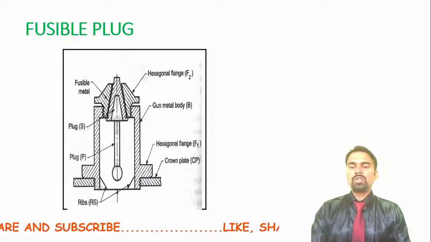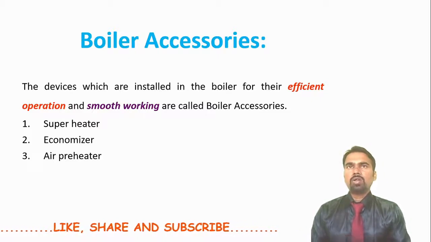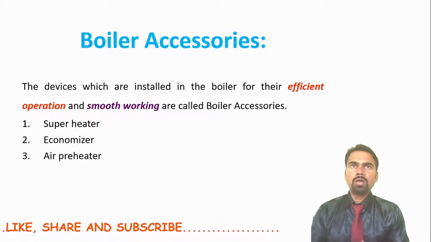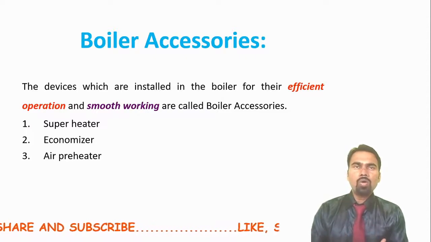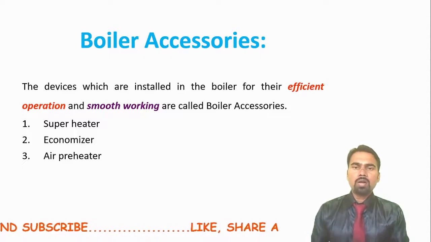The next is the fusible plug. If the water level is low inside the boiler shell, then the temperature increases. Because of that, melting of the metal of the fusible plug takes place, and it creates a hole or opening through which water enters the combustion chamber.